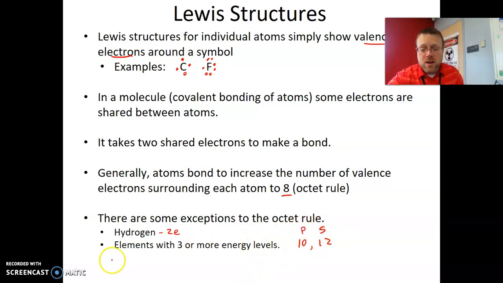There are a couple of extra elements that can go less than 8. For instance, beryllium can be happy with 4 electrons, and boron can be happy with 6 in certain scenarios. But most of the time, you're trying to get atoms to follow this octet rule.